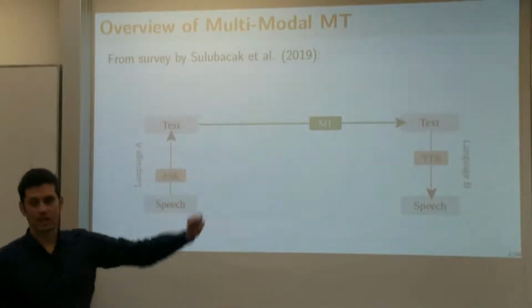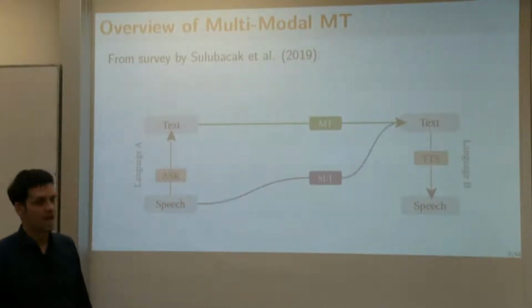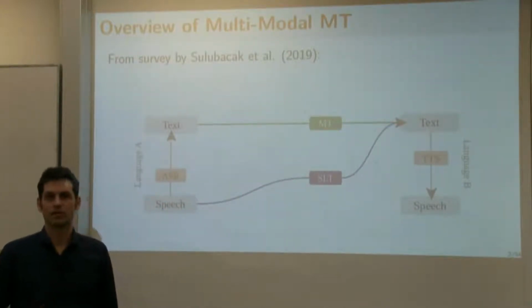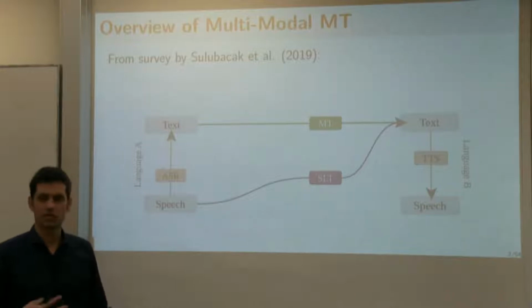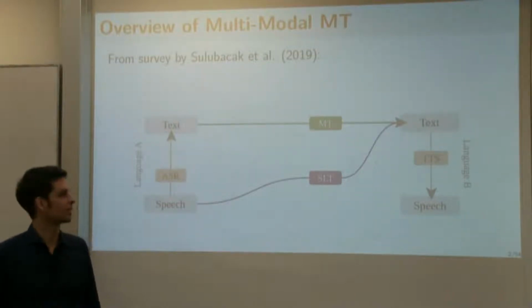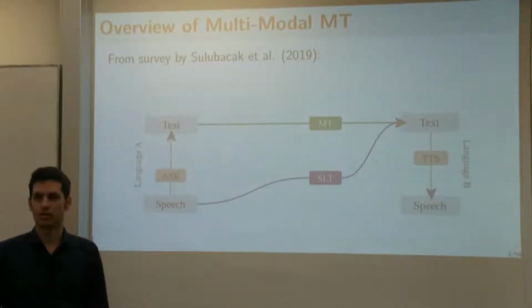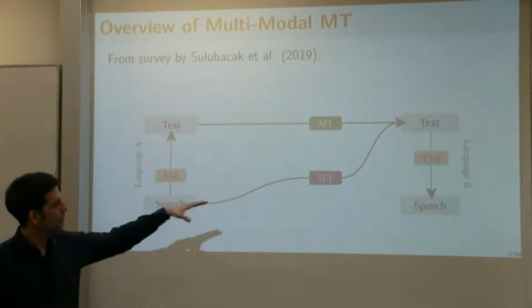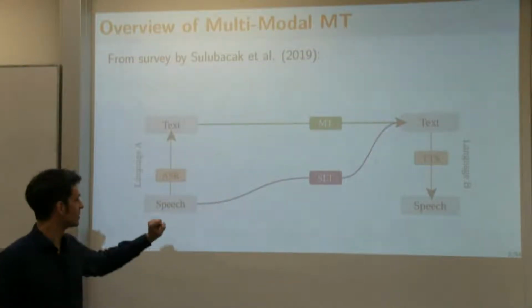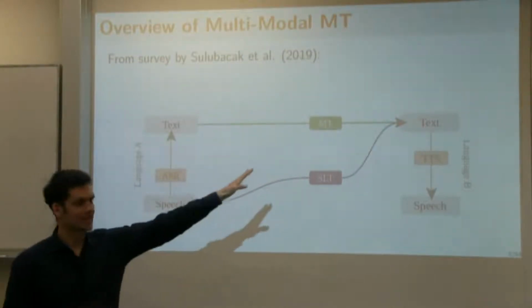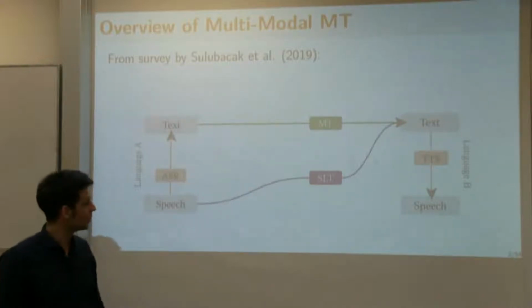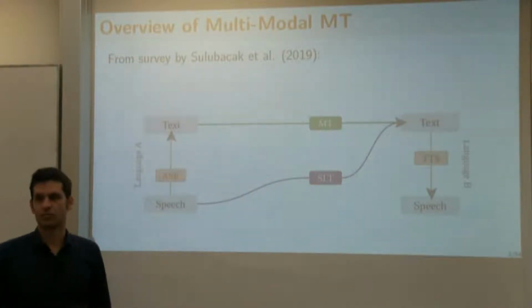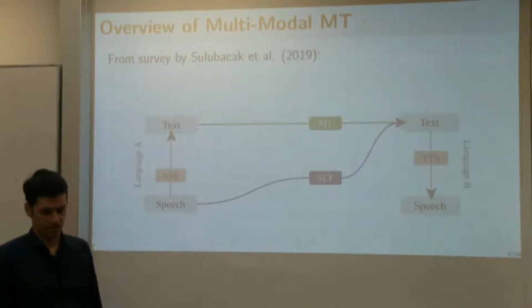This would be a cascade of 3 independent components, and that cascade obviously brings some issues. Some information is lost at the boundaries of that cascade. So what people have been working on are direct attempts. One of these is often referred to as spoken language translation, and that goes from the speech in the source language to the text in the target language. So there is no explicit transcription used in the middle step.